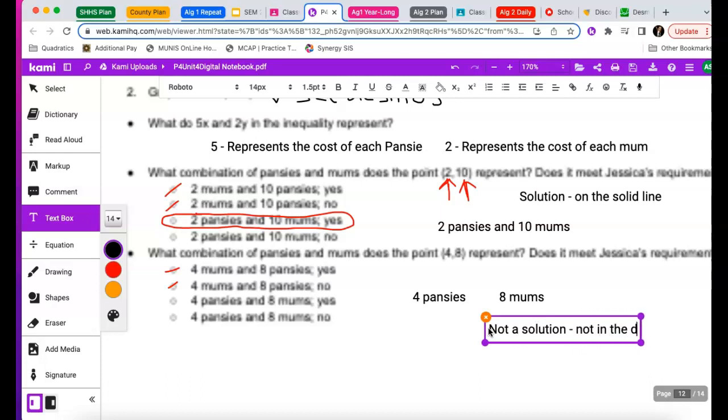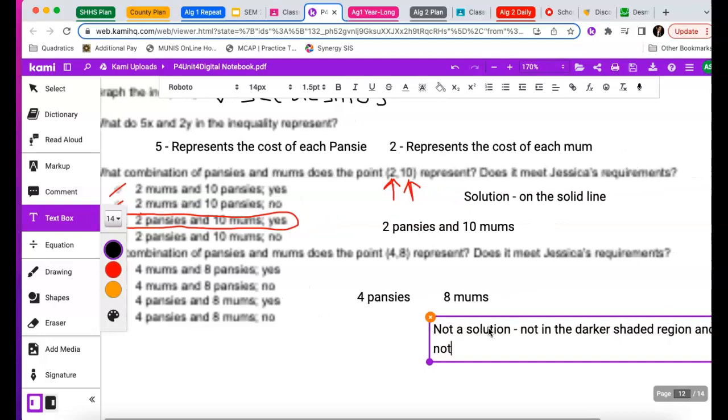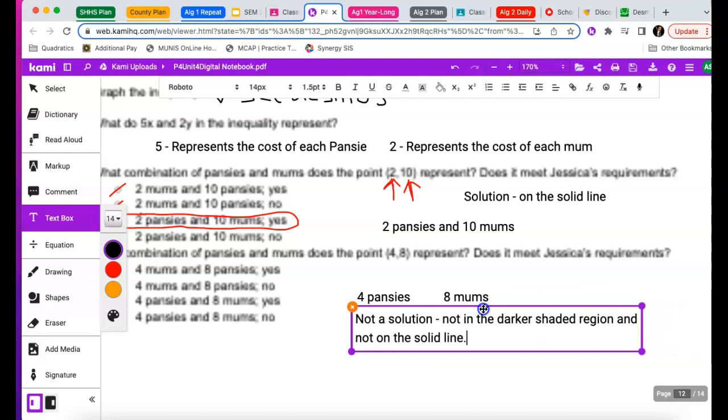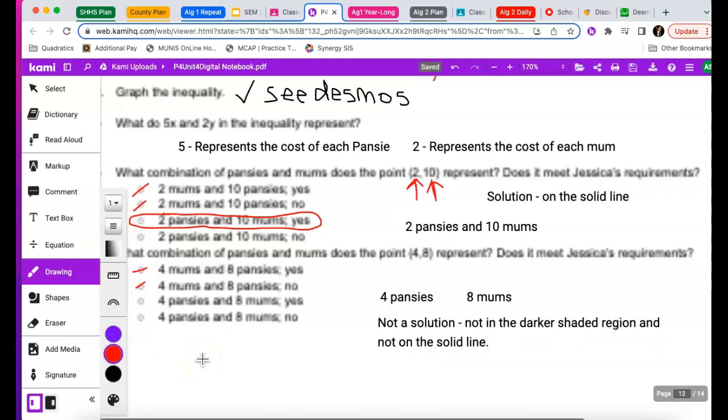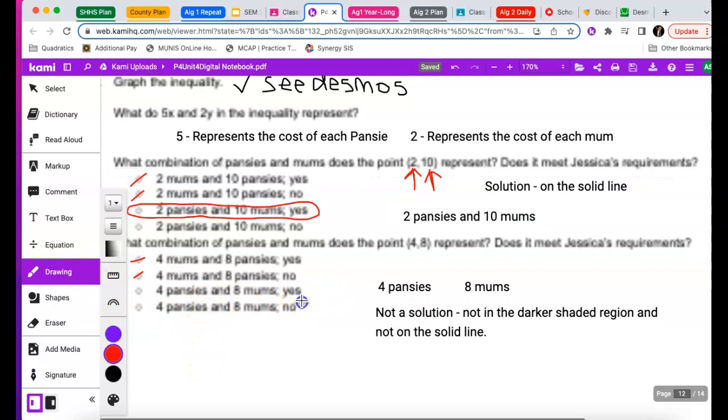Not in the darker shaded region and not on the solid line. So even though it's 4 pansies and 8 mums, it's not a solution. So our answer would be choice D, because no, it is not a solution.